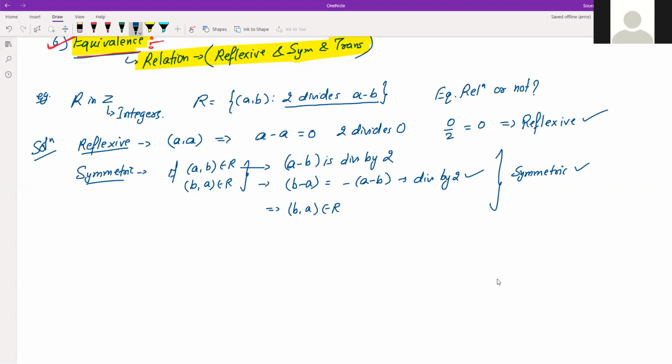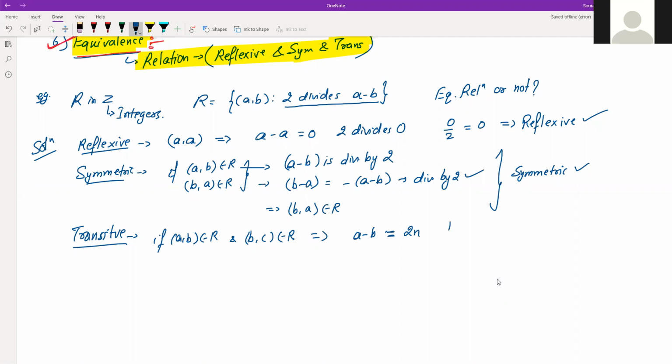Now what is transitive? Transitive means if (a, b) belongs to R, and (b, c) also belongs to R. So what does it mean? This means that a minus b is divisible by 2. Now let's write it mathematically. a minus b divisible by 2 is nothing but saying a minus b is equal to 2 times some n.